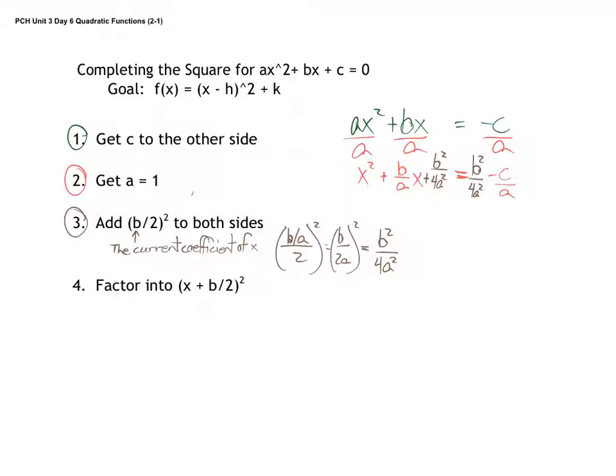Now, the whole point in doing that is this. When we go to factor that trinomial that we just ended up with, it will always factor into x plus whatever this was. So I'm going to put that b over 2a in here.